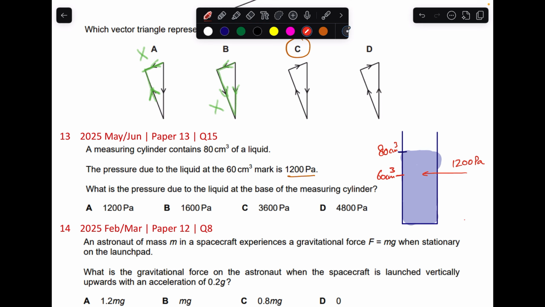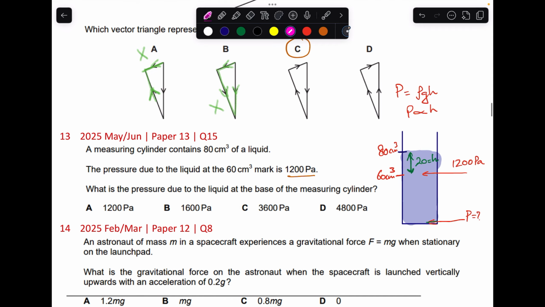They're asking what the pressure will be at the base. We know pressure depends on the depth, so it is directly proportional to the depth. At this point, the depth is 80 minus 60, that is 20. But at the bottom, the depth will be 80 minus 0, that is 80.